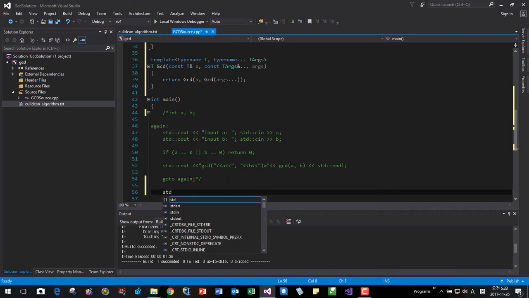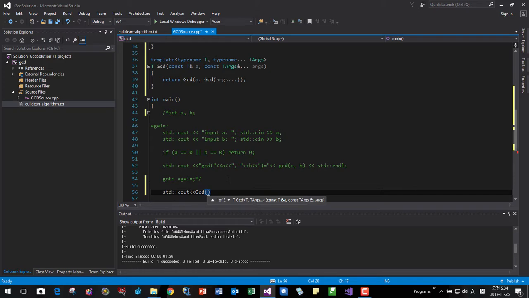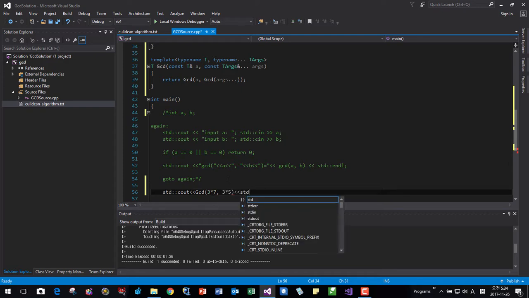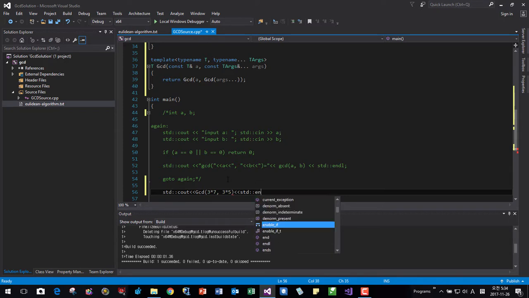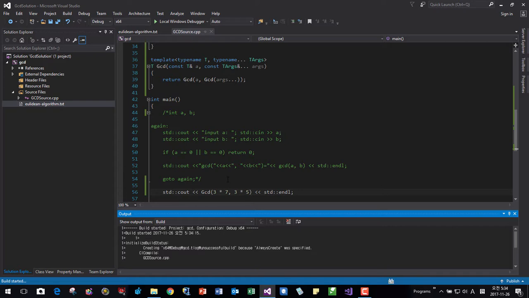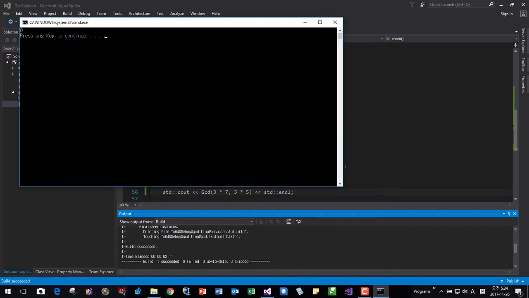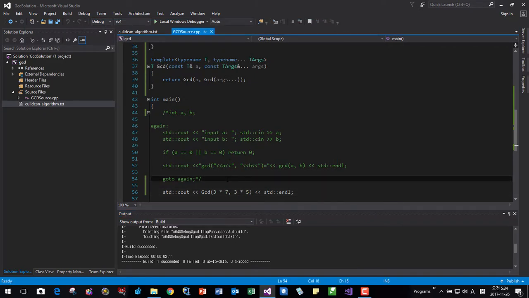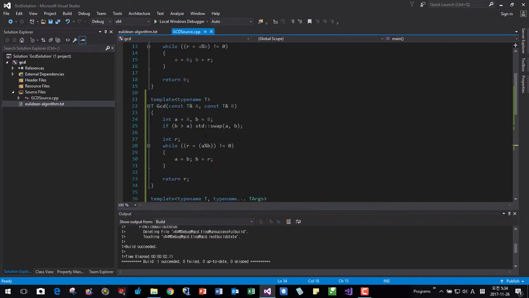We will test it. GCD of 3 times 7, 3 times 5. We will try with two numbers first. Now let's run. This gives us the wrong answer.